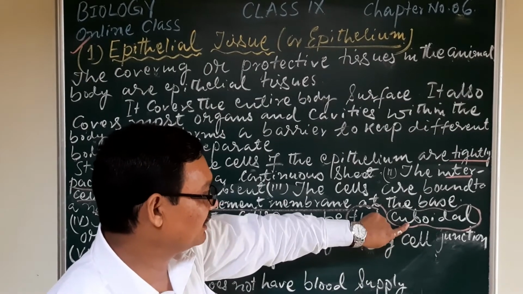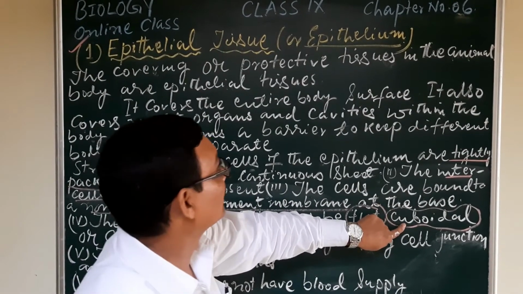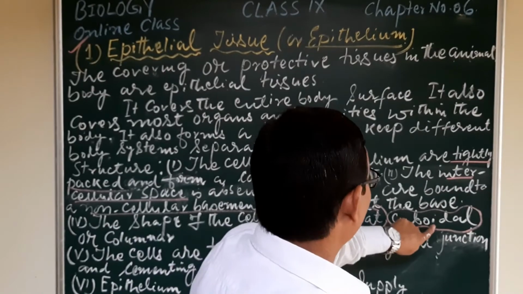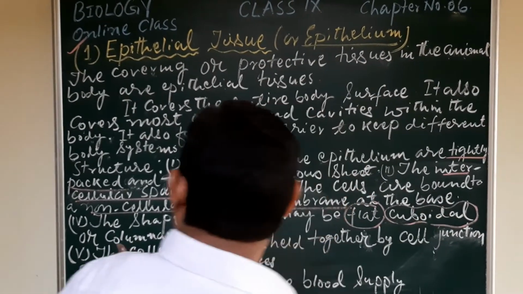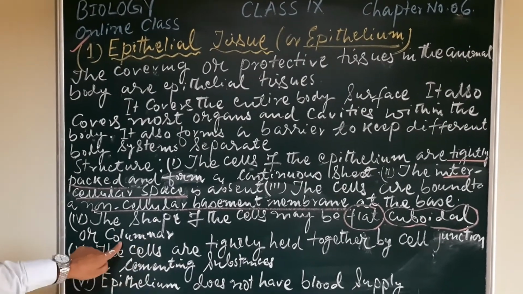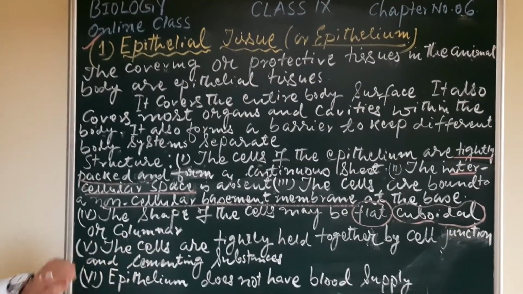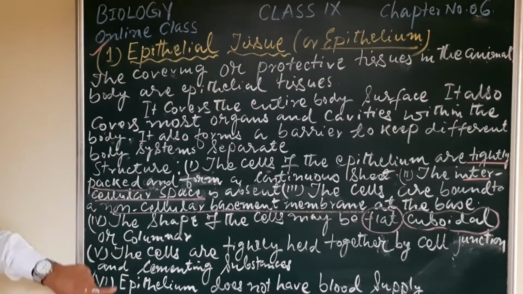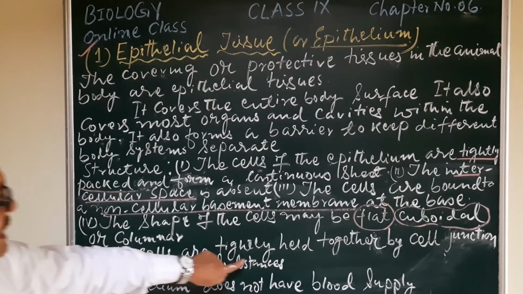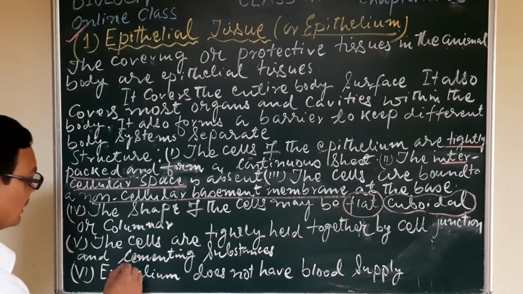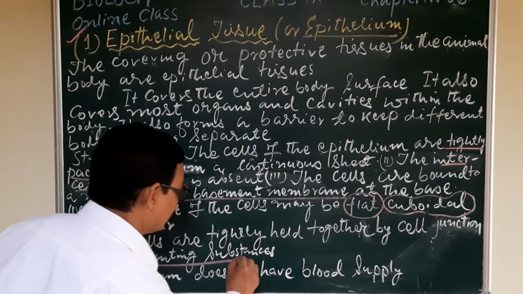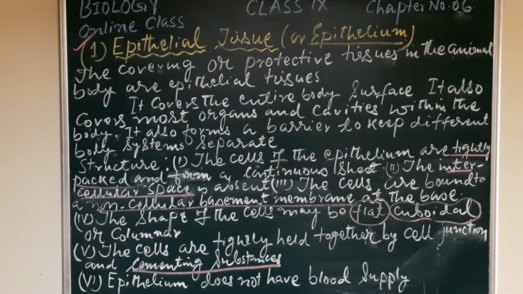That is why the epithelial tissue may be cuboidal epithelium and columnar epithelium, depending upon the shape of the cell. Next point, the cells are tightly held together by cell junctions and cementing substances. This is also one of the important points.